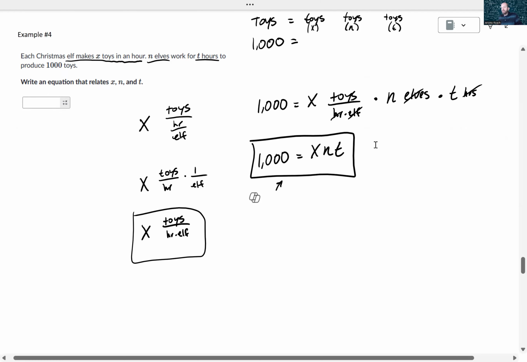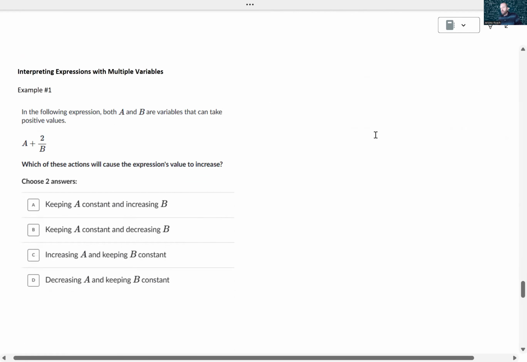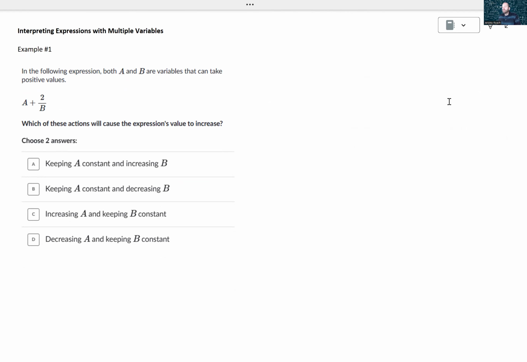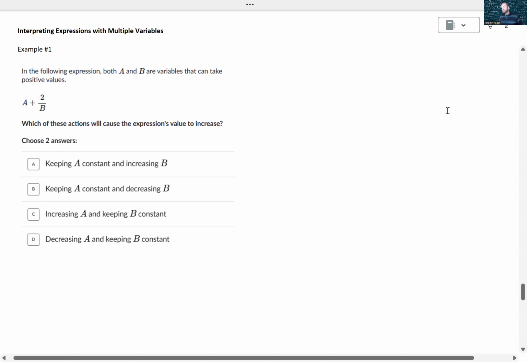The next part is interpreting expressions with multiple variables. And I think these aren't too bad. These are literal equations. You can sometimes just plug in a number for the variables and then see if these answer options are either true or false.